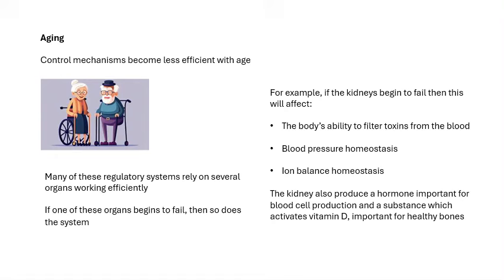The kidneys also produce a hormone which is important for blood cell production, and they produce a substance which activates vitamin D, which is important for healthy bones. So the kidney is a very, very important organ. They do lots of different jobs. The liver as well does a huge amount of jobs.